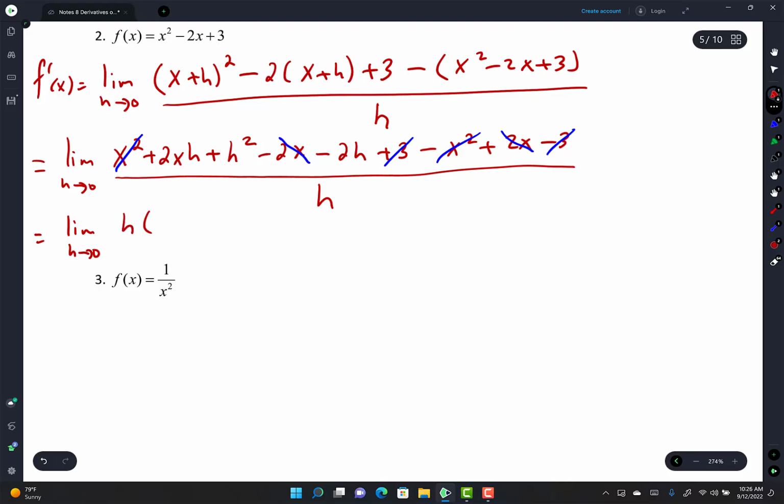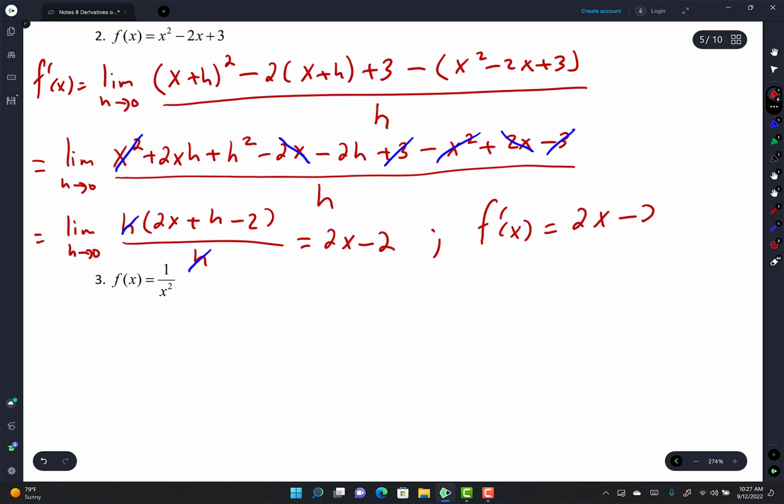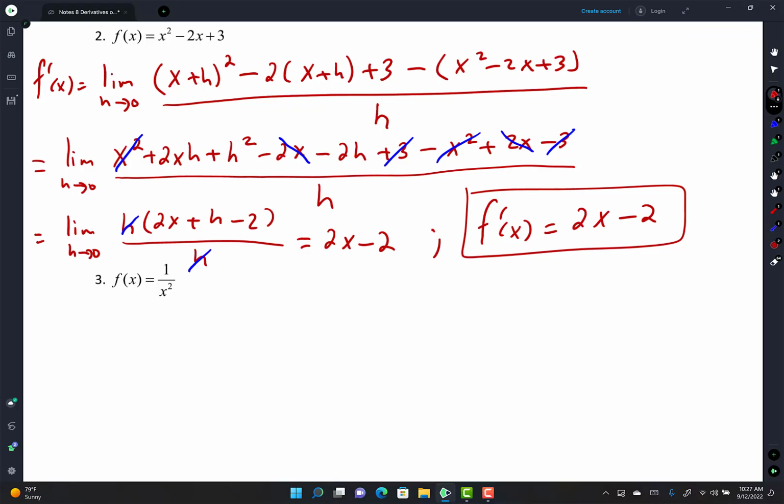You can just cancel out the h's, but I would because there's always errors here. 2x plus h minus 2 all over h. What's going to cancel now? The h's. And h is approaching what? 0, so this derivative is 2x minus 2. So, in conclusion, f prime of x is equal to 2x minus 2. Good job, guys.